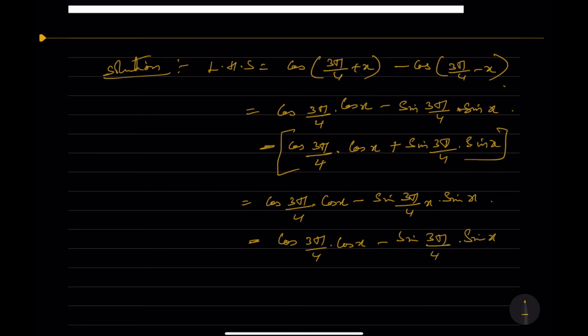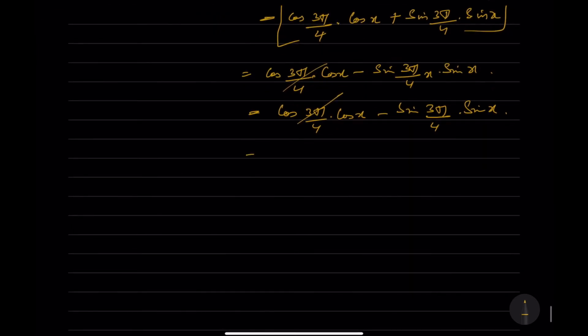So therefore the first and the third term will get cancelled because they are same. Therefore getting minus 2 into sin 3 pi by 4 into sin x.